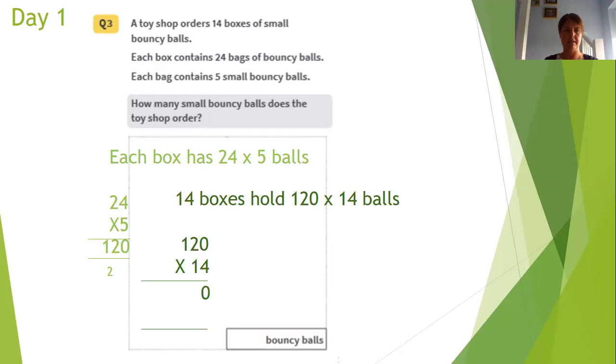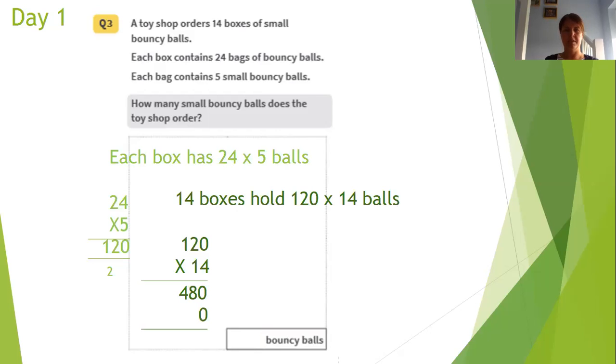So let's work through this one. So 4 times 0 is 0. 4 times 2 is 8. And 4 times 1 is 4 in the hundreds column. Now, before I move on, because I'm not multiplying by 1, I'm multiplying by 10, I need my 0 in the ones column as a placeholder.